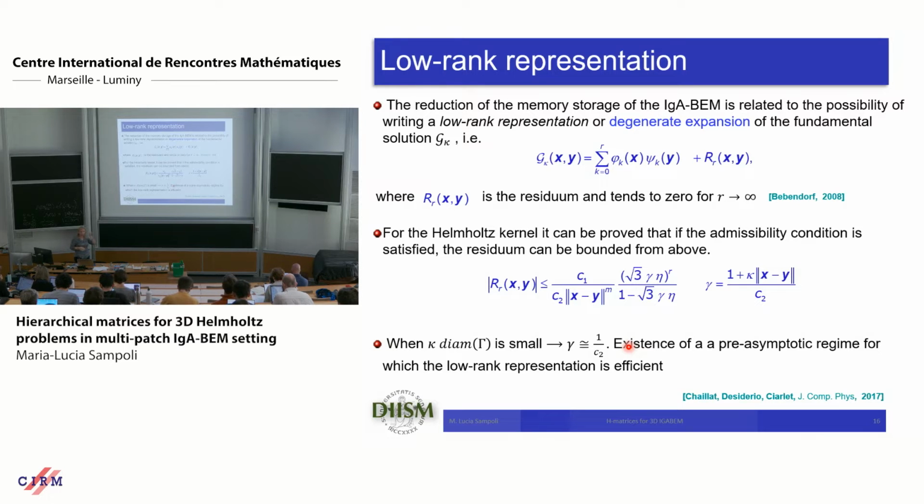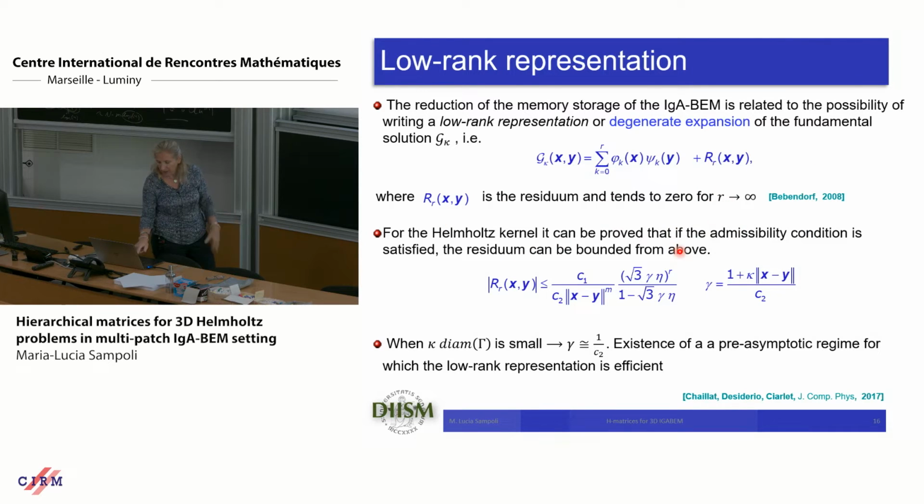This was the property exploited in the fast multipole method. It means that we can rewrite the fundamental solution in this way, with a residual that has to tend to 0.